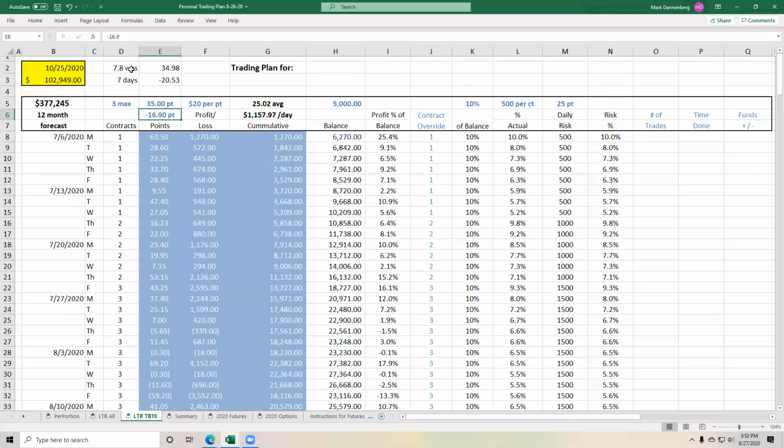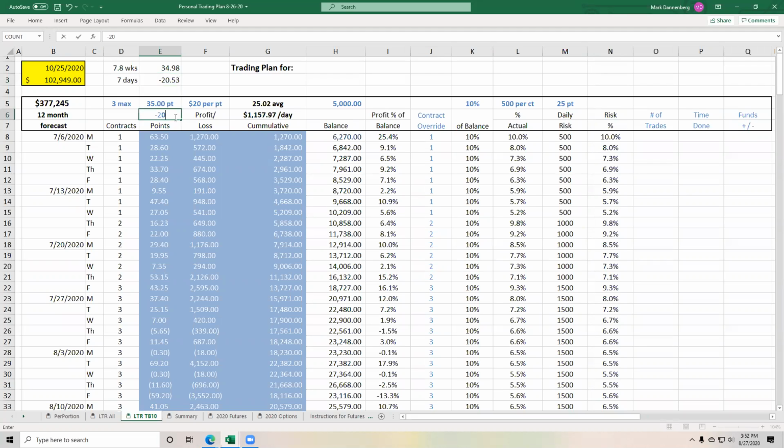So I'm going to go over here and see, well, we're almost fully through 8 weeks, 7.8 weeks, and we've had 7 losing days. So we're kind of on pace. We're right on pace for our planned losses to be an average of about 1 day a week. So what that means to me is I need to increase my planned losing days from 16.9 to 20.5.